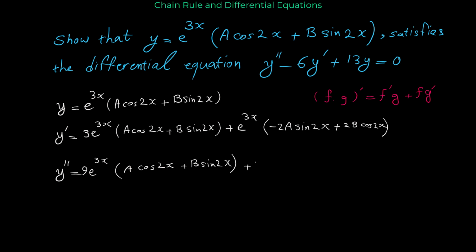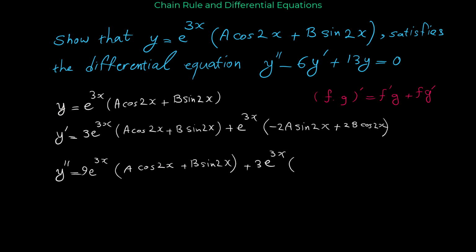Plus write the first function, 3e to the 3x, times the derivative of this. What is the derivative of a cosine 2x? Again, attention, a is a constant. You just have to find the derivative of cosine 2x, and the derivative of cosine 2x is negative sine 2x. And the derivative of 2x is 2.